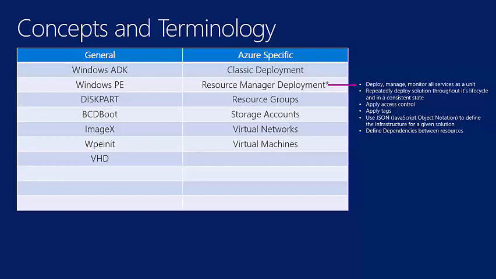Then there's blob storage. So blob storage stores specifically unstructured data and objects. Examples of that would be text or binary data, documents, media files, application installers. This is the specific type of storage that is required for hosting virtual disks that are used by virtual machines, which in our discussion today, that's VHDs, right?